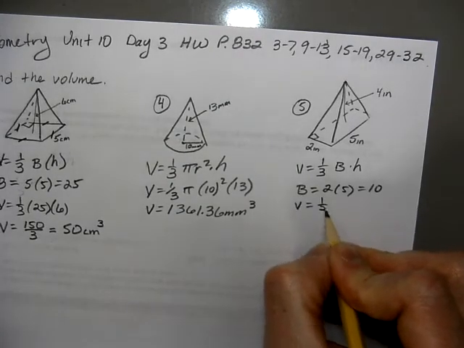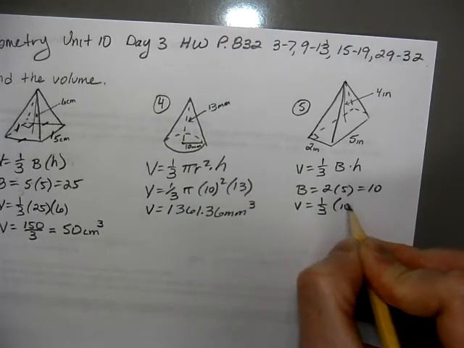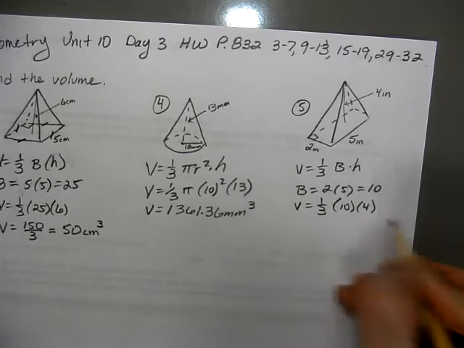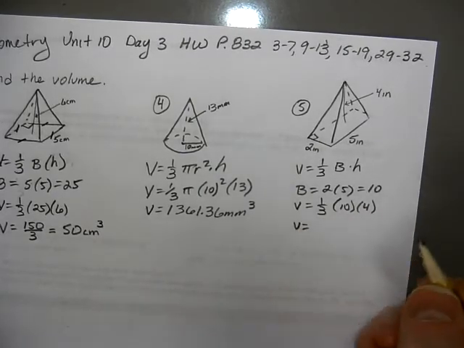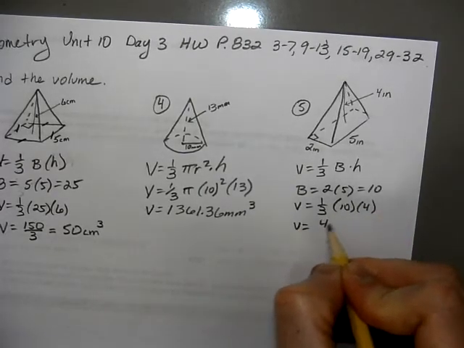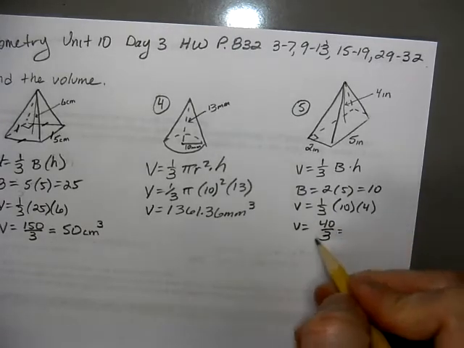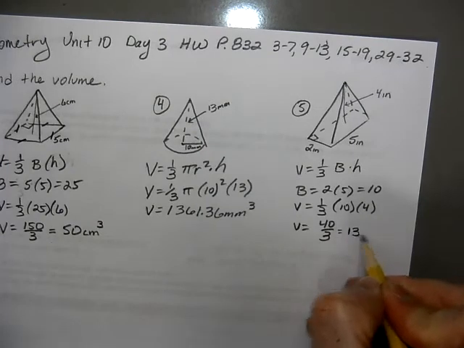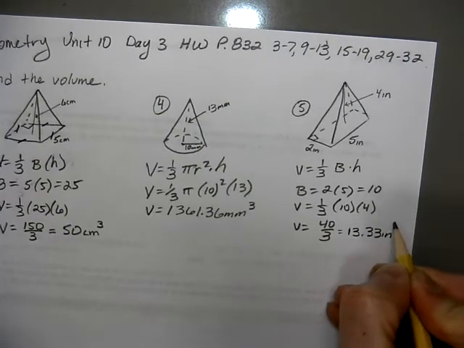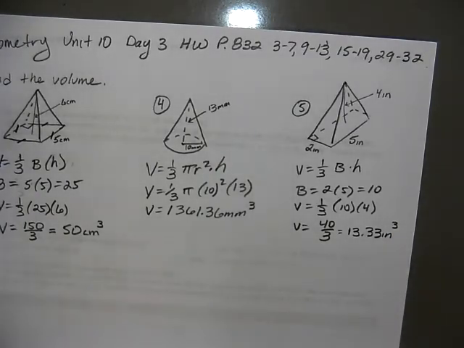So the volume is going to be 1/3 of 10 times 4. So we're going to get 40 divided by 3, which goes into there 13.33 inches cubed.